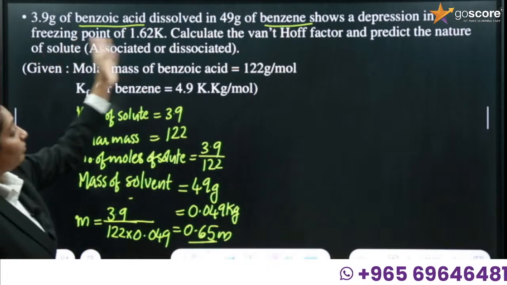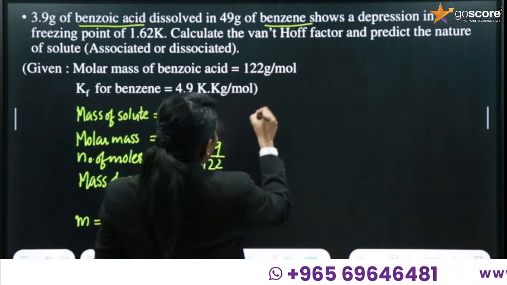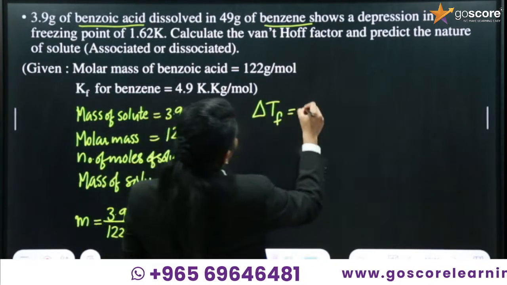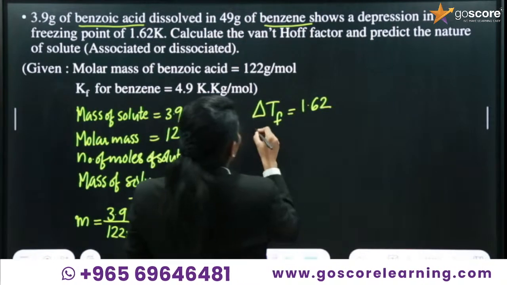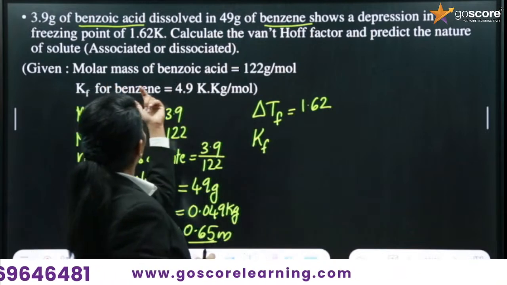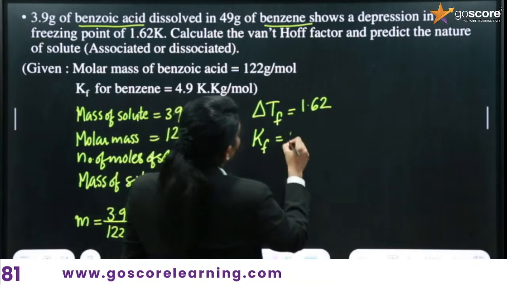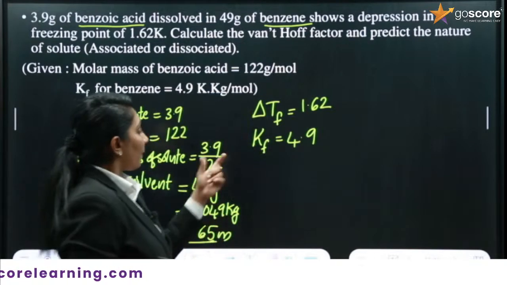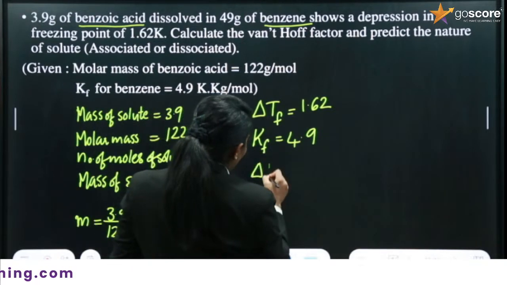Now the depression in the freezing point, that is the delta TF value, is given as 1.62, and the Kf value is also given, 4.9 Kelvin kilogram per mole. Okay. Now see what is delta TF.